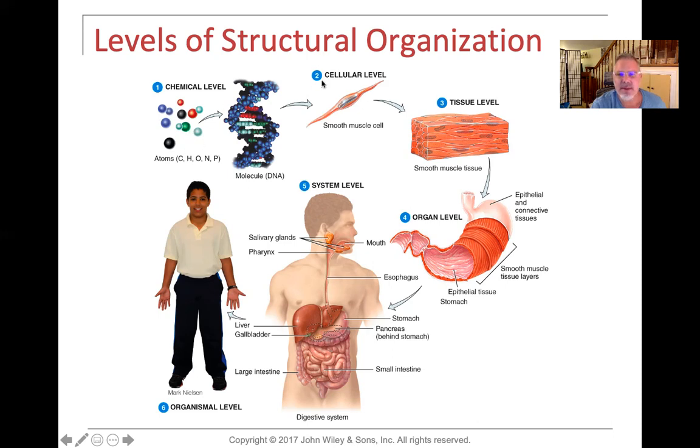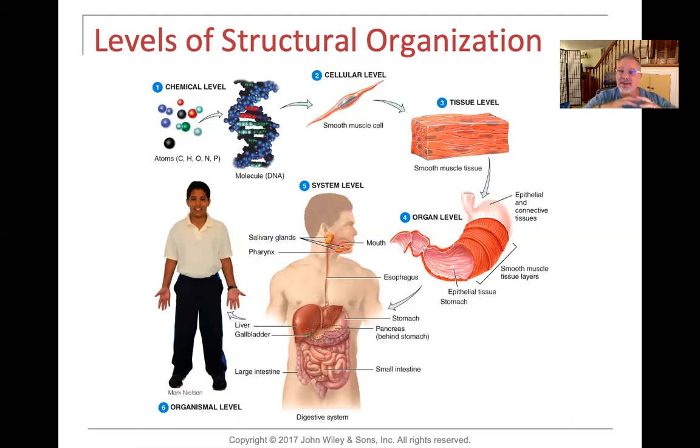Chemicals come together to make up cells, cells make up tissues, tissues make up organs, organs make up systems, and systems make up the organism. Now, if we go back here to the chemical level, if you're missing carbons or hydrogens or oxygens or nitrogens or phosphates, if you're missing any of these or they're not in balance to one another, now the chemical structure is distorted, which means the cellular structure will become distorted.